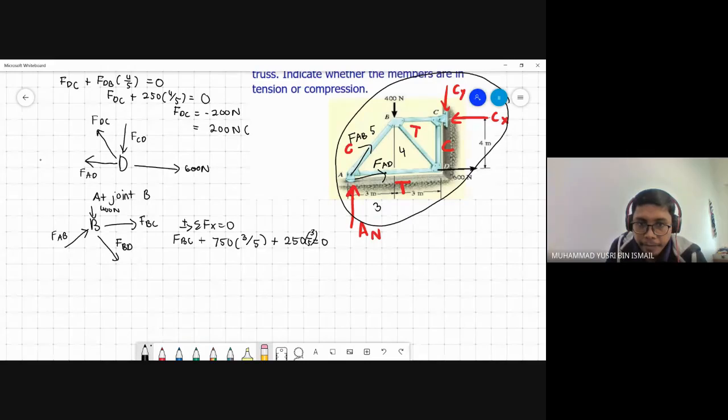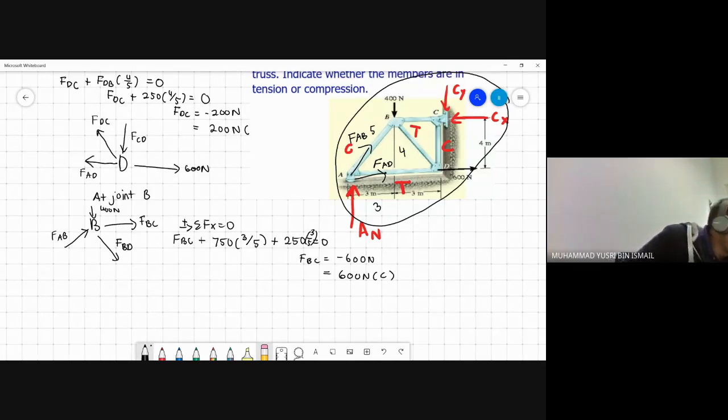FBC is negative 600 Newton. 600 Newton is basically in compression. So now we have FBC, which is in compression.